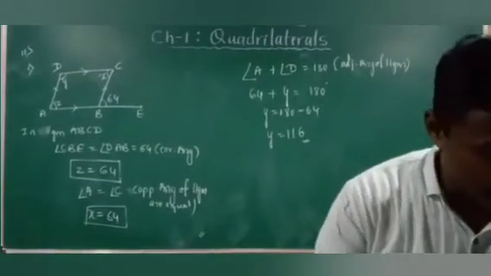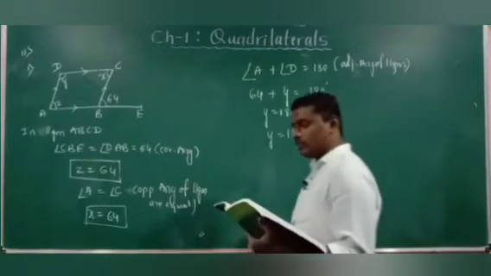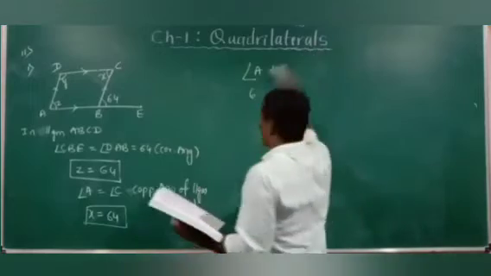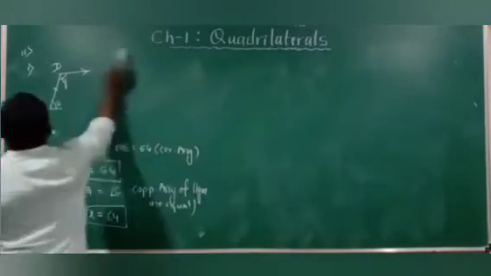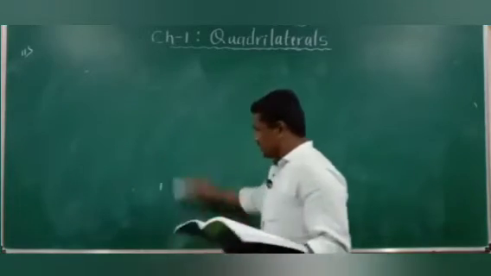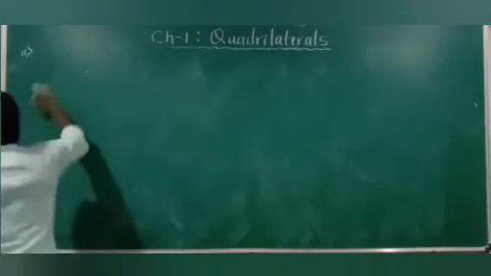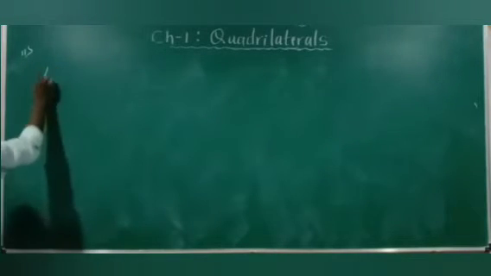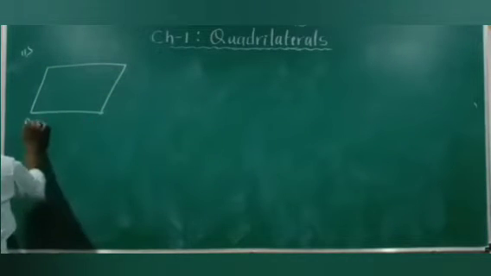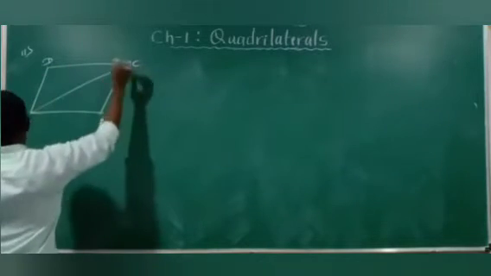In the second question, ABCD is also a parallelogram. They gave some alternate angles, and using that we need to find the X, Y and Z values. The figure is like this: A, B, C, D, with diagonal AC.